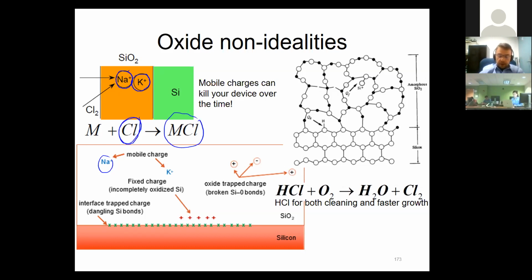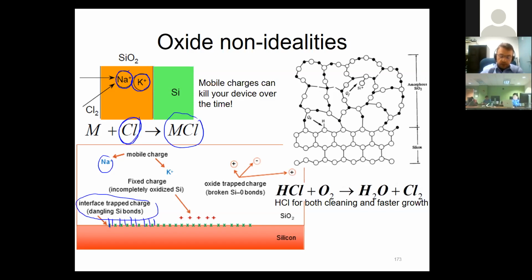That will neutralize those mobile charges and minimize their influence. But on top of it, we have lots of other non-idealities, like there might be some silicon bonds that weren't oxidized there. So they will create these interface charges.